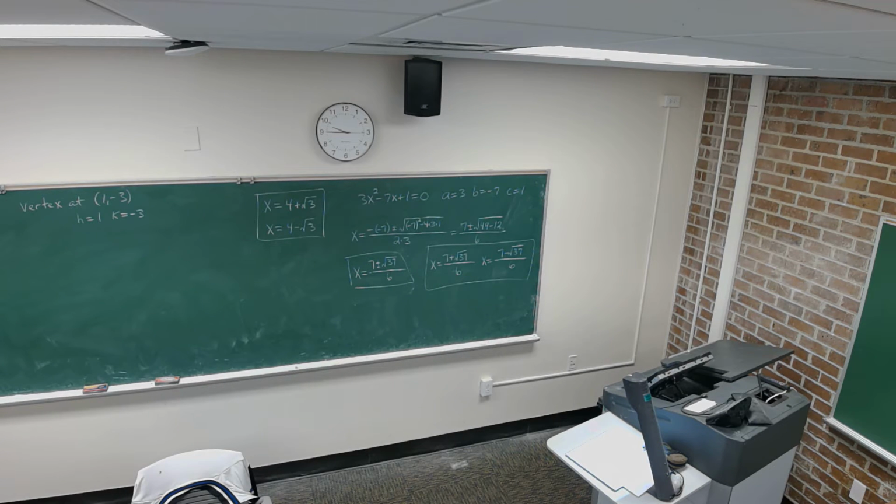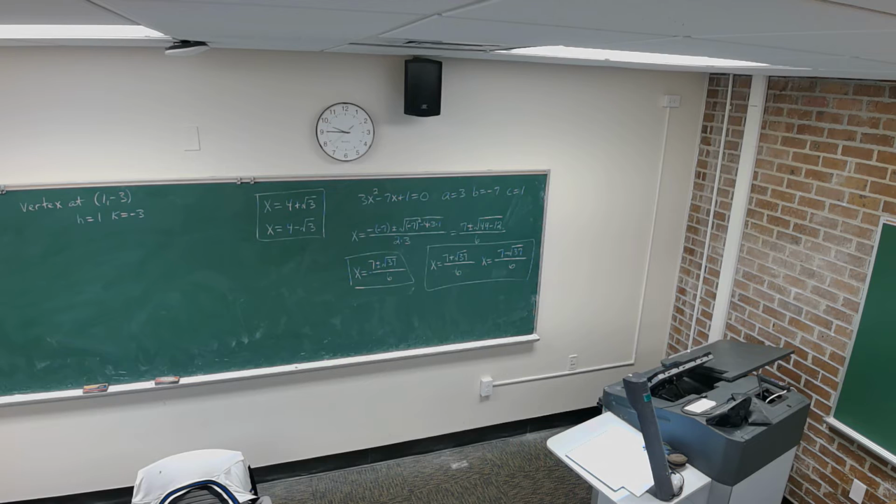Because when you write the quadratic equation in standard form, h is the x coordinate for the vertex and k is the y coordinate for the vertex. Okay. The graph crosses the y-axis right here at this point.